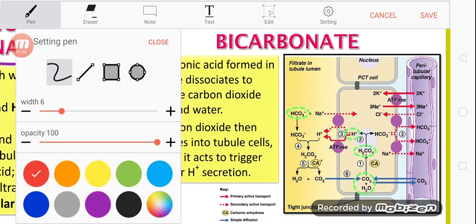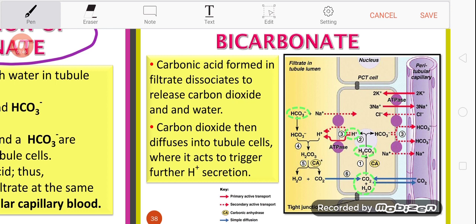This diagram over here summarizes the process of the proximal tubule region in reabsorption of bicarbonate ion. So you can see here, this is the blood capillary.